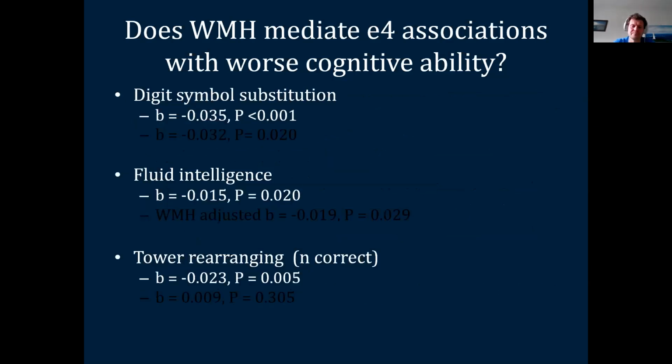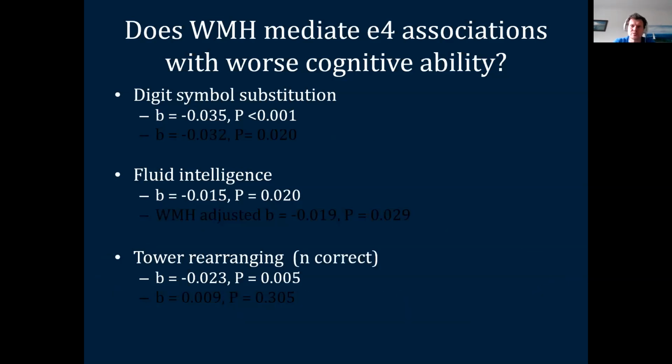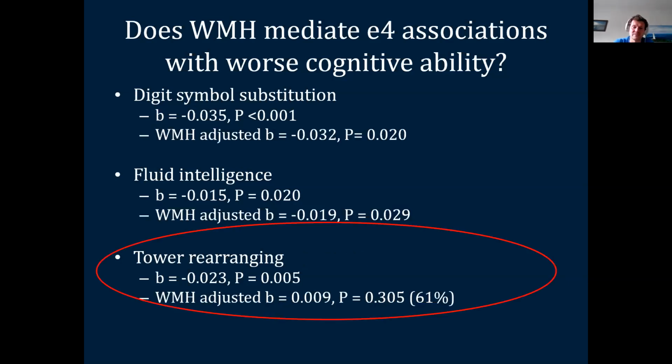So it's quite weak. Then we asked, to what extent does the association that we previously showed with white matter hyperintensities, which incidentally stuck around when we basically doubled the sample size, which is quite cool, mediate these associations? What we found was that it didn't really mediate the associations with digit symbol or fluid intelligence, so kind of executive function type tests, but it did mediate a significant amount of the association with tower rearranging.